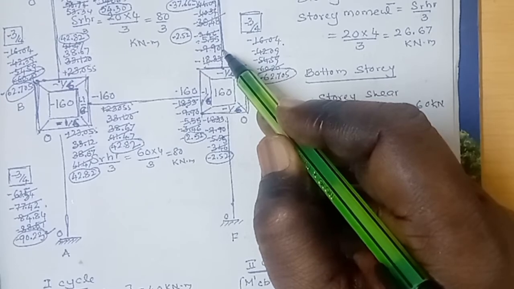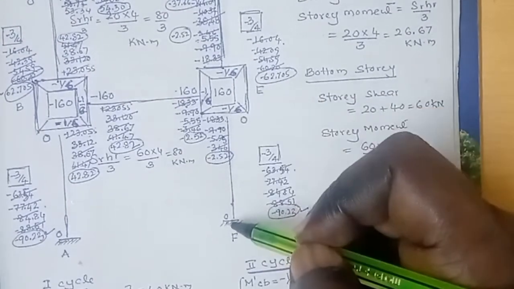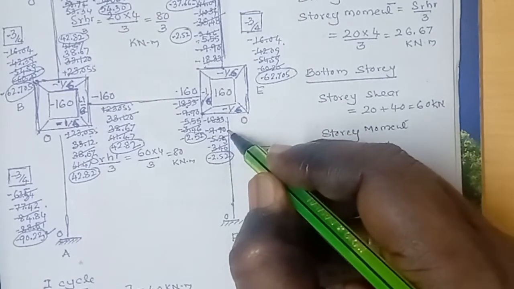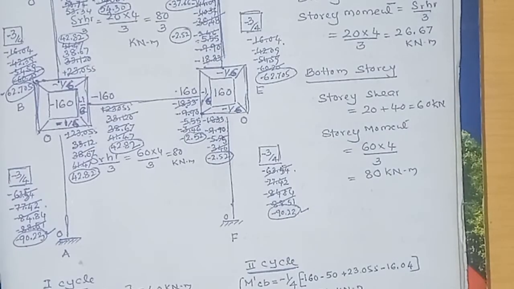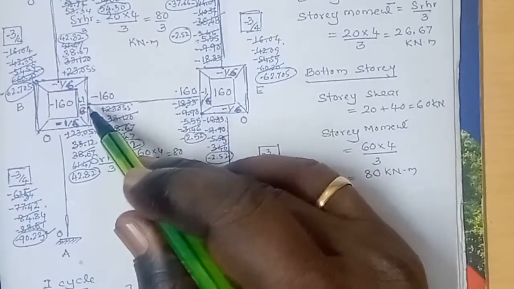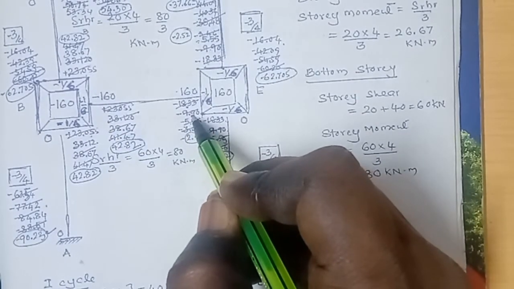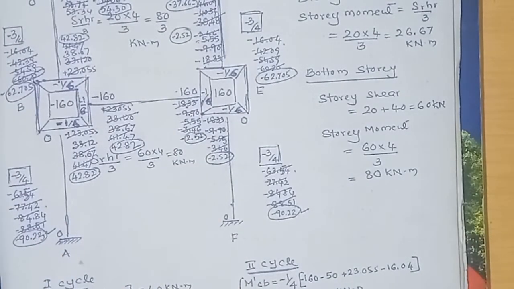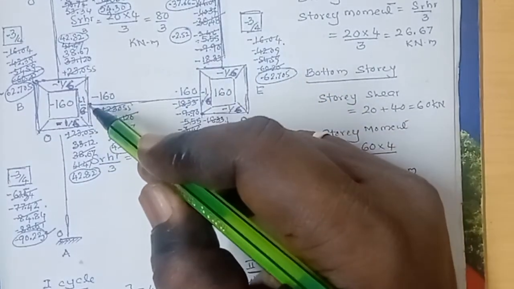Here I have written by striking the first cycle value. Then for the vertical member EF, that is M dash EF equals minus 9.8975, hence I have written minus 9.9 by striking out the first cycle value. Then for horizontal member M dash EB, again the value is same, that is minus 9.90, that I have written. Then the last joint M dash BC, the rotational factor is minus 1 by 6.